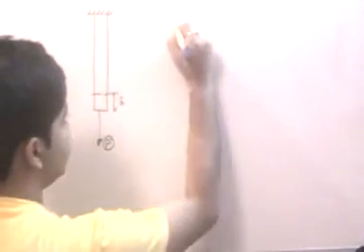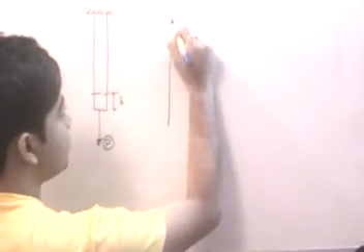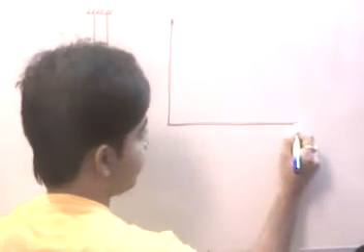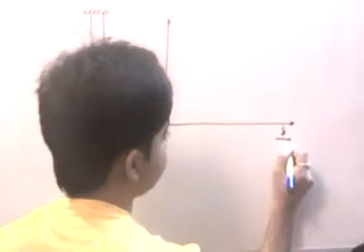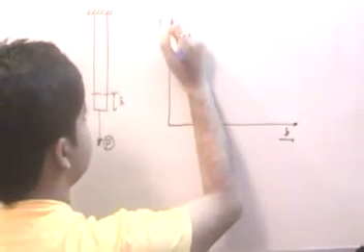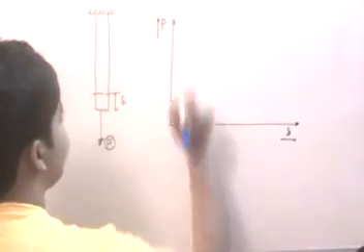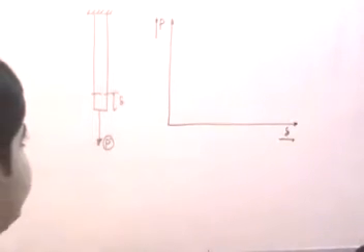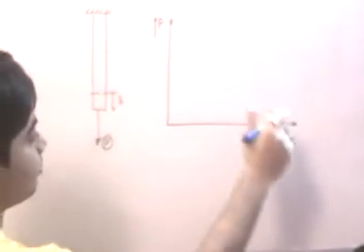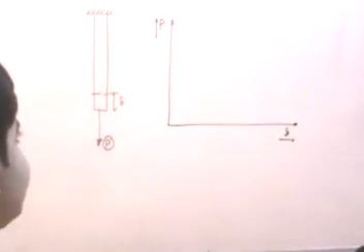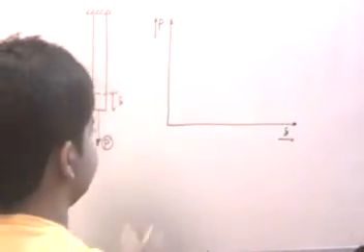Now let us try to understand the whole concept of strain energy theoretically. For example, if we have a graph like this, and this is, suppose, delta plotted on the x-axis, and this is P plotted on the y-axis, then we know that till the proportional limit or the elastic limit, P is necessarily proportional to delta, and these two will have a linear relationship.